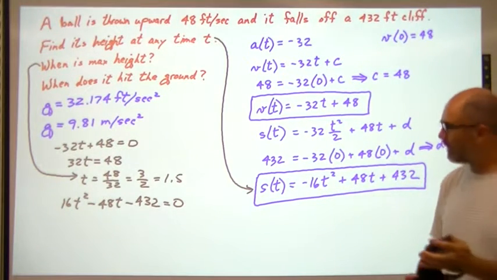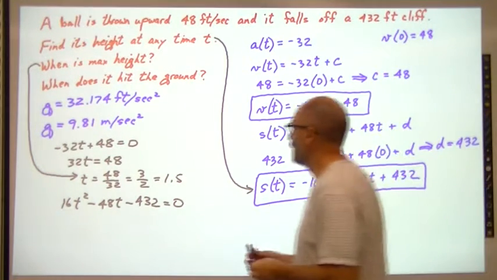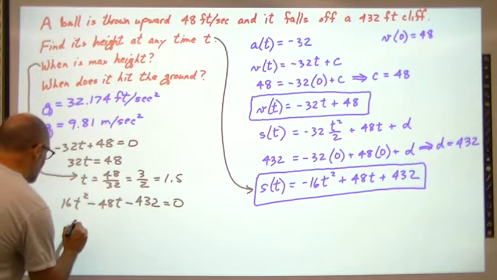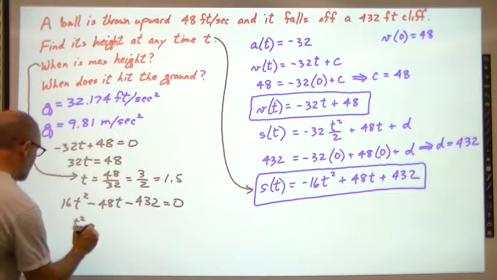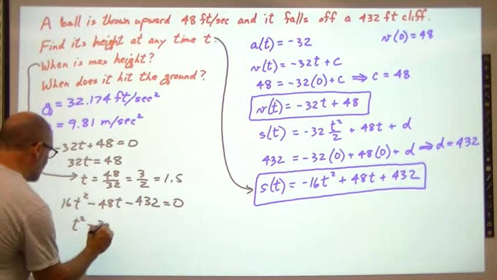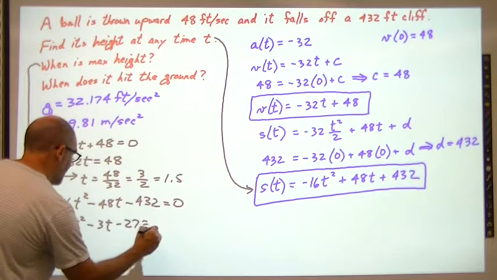All right, so if we divide the 16 out of that whole thing, we've got t squared minus 3t minus 27 equals 0.